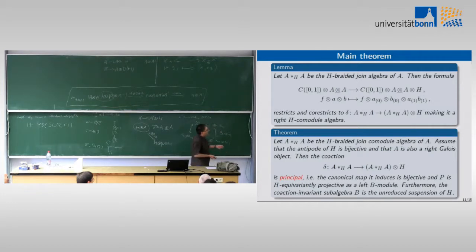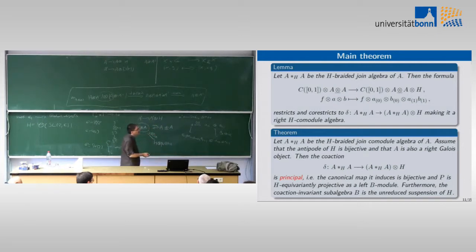He has only one coaction, and then out of this he produces another one. What we have here are two completely independent coactions that happen to commute with each other. Okay? So that's what I would call bi-Galois. But anyway, whatever you call it, it still remains the case that I'm having two commuting coactions left and right, and both of them are Galois.